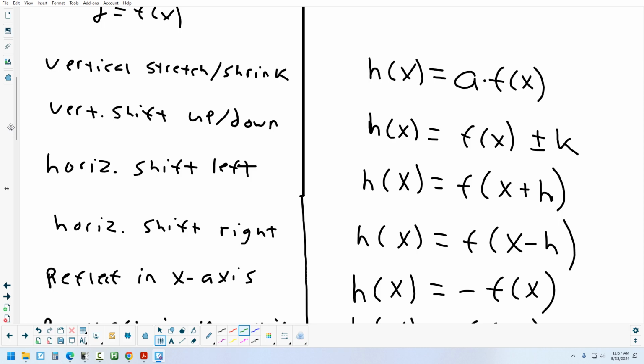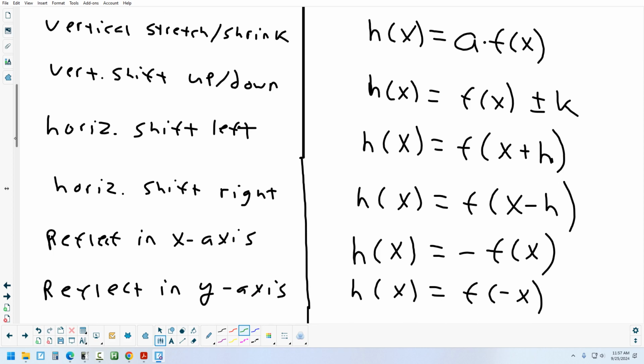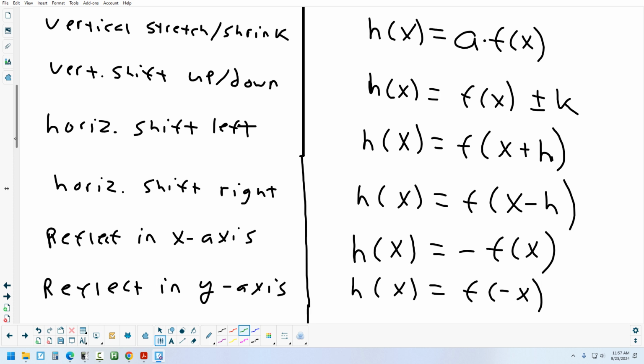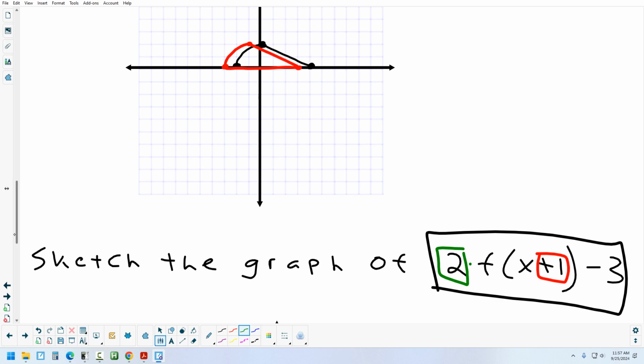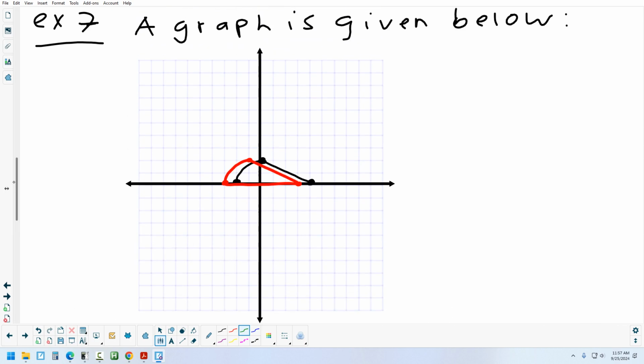Vertical stretch. That's a vertical stretch. So when you stretch something vertically, what axis is that? Y-axis. So a vertical stretch by a factor of 2 means all the y values are going to double.